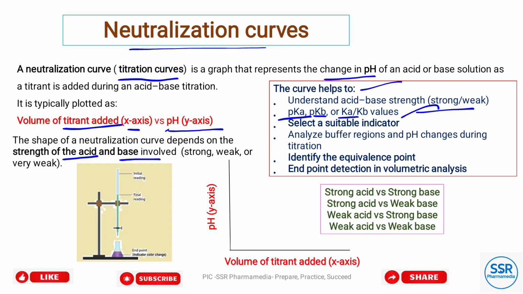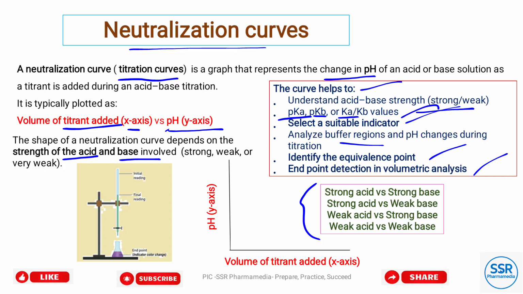It is used for selection of suitable indicators in titrations, to analyze the buffer regions and pH changes during titration, and to identify the equivalence point. It is also used for endpoint detection in volumetric analysis.